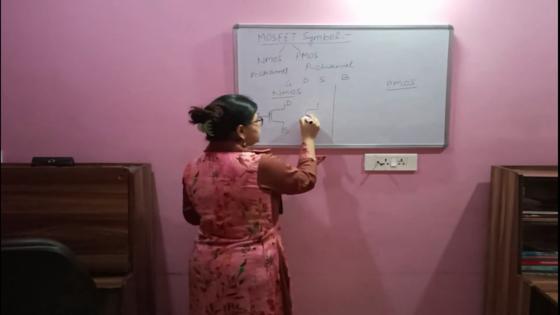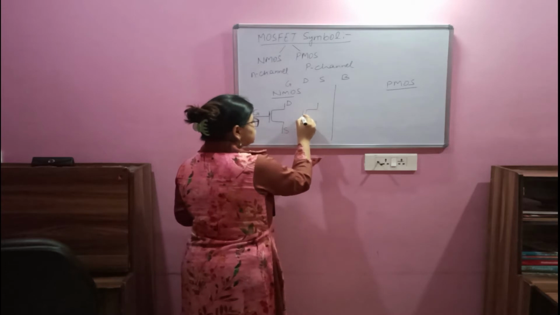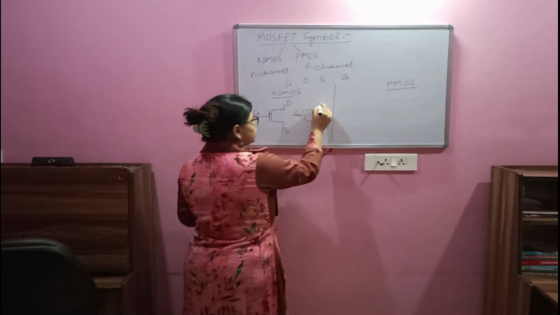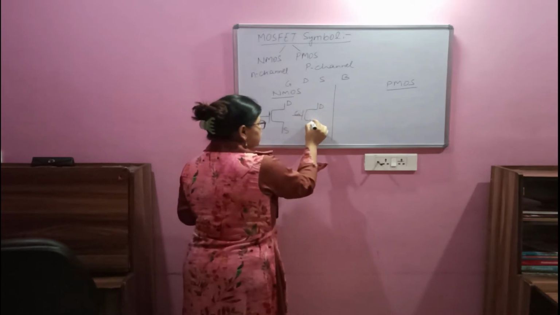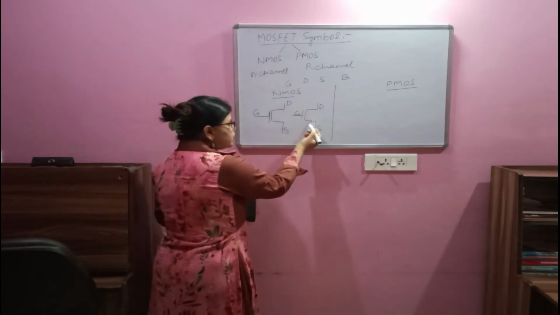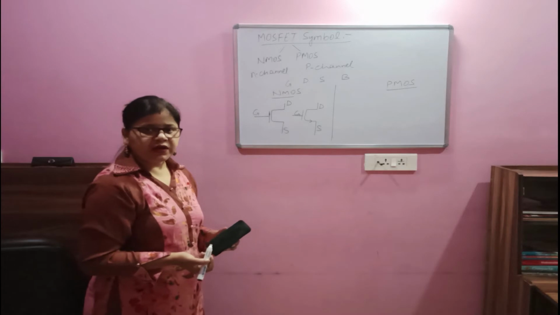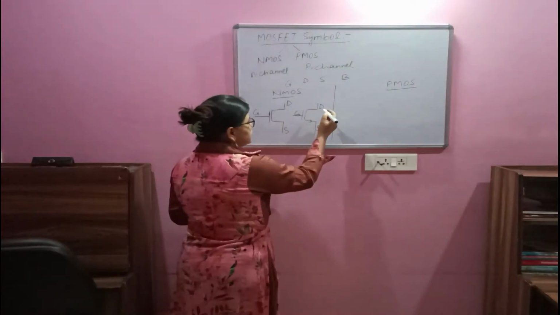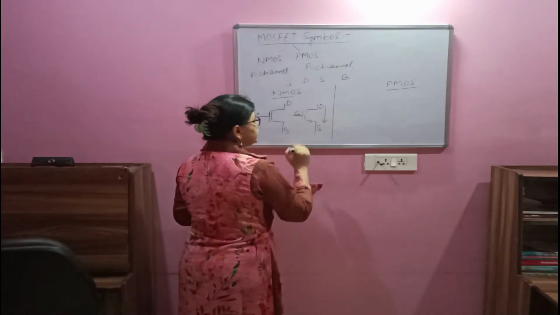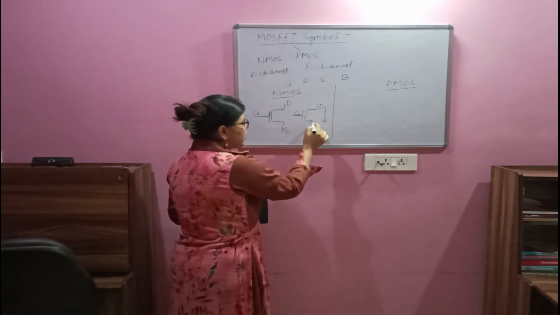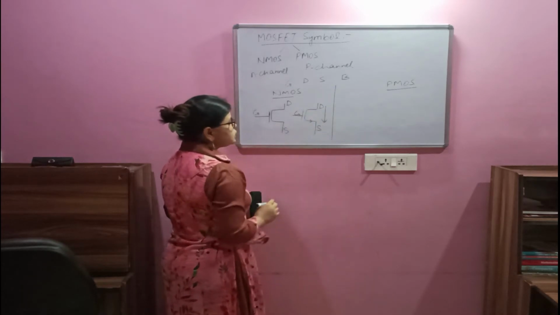Another way to draw this symbol is with the direction of the current flow. It's like this. This arrow at the source side represents the direction of the current flow. In the NMOS, current flows from drain to source, and that's why the arrow points towards the source.